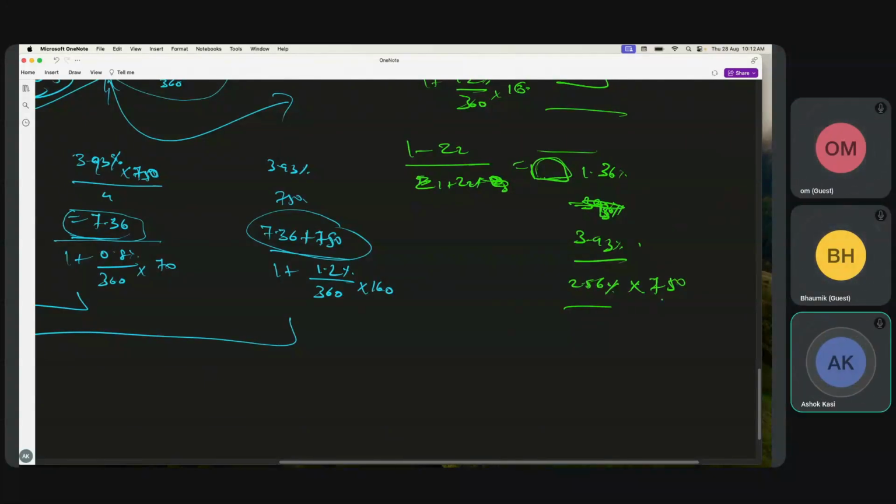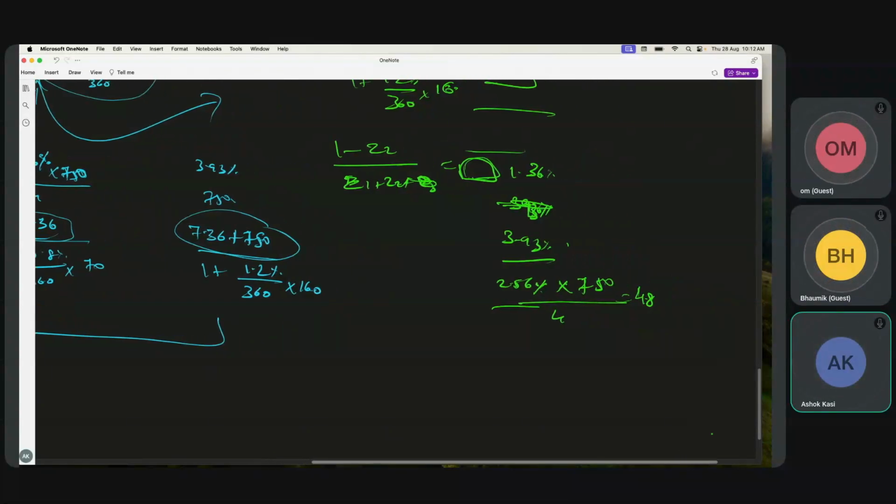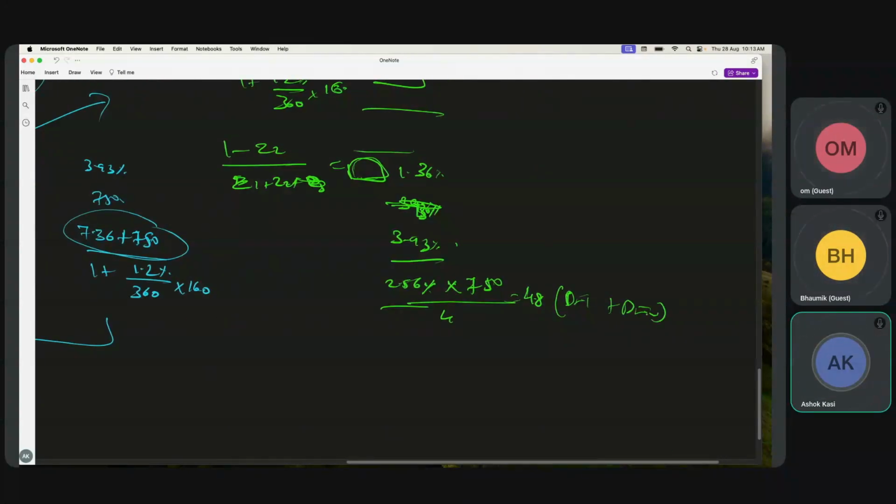Then I got 19.2. Then I divided it by 4. I got 4.8. This 4.8, I took the present value using the PV factors, after discount factor 1 plus discount factor 2.